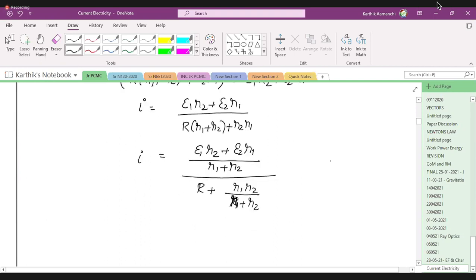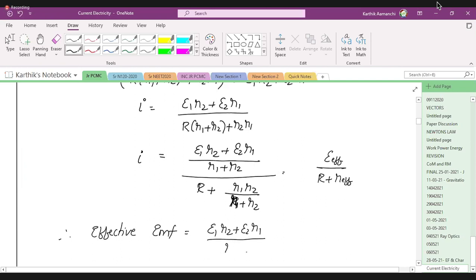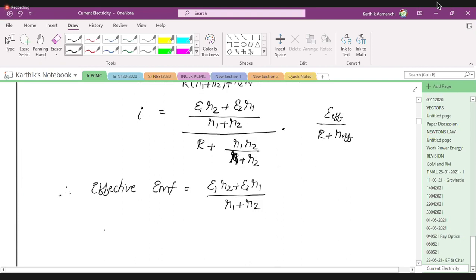This is in the form of epsilon effective divided by R plus R effective. Therefore, your effective EMF is epsilon 1 R2 plus epsilon 2 R1 by R1 plus R2. Clear, and your effective internal resistance is R1 R2 divided by R1 plus R2, that is, 1 by R effective equals 1 by R1 plus 1 by R2.